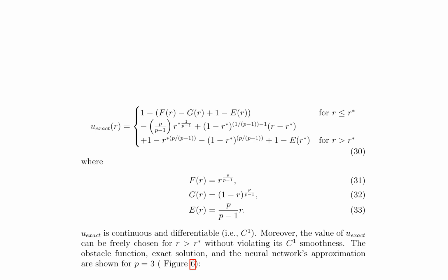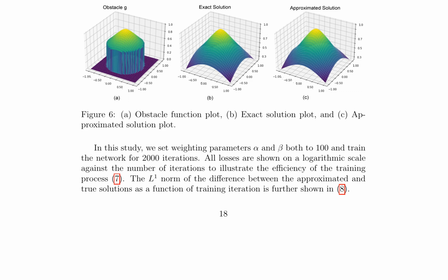F, G, and E are auxiliary functions defined as r^p minus 1, 1 minus r^(p minus 1), and p^(p minus 1) times r, respectively. The exact solution, obstacle function, and neural network approximation are visualized in Figure 6 for p equals 3. The obstacle function plot, exact solution plot, and approximated solution plot demonstrate the effectiveness of the neural network in approximating the exact solution.